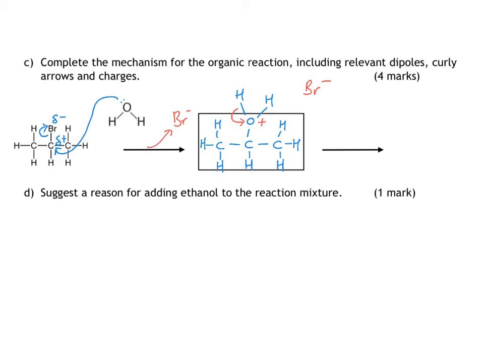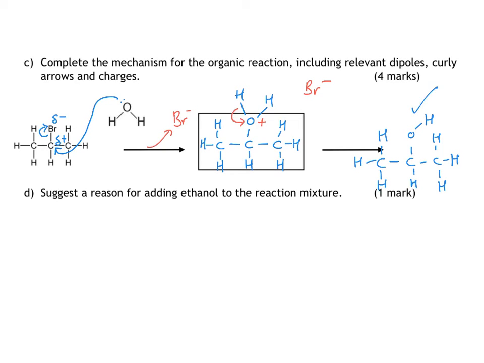So where are we getting the marks for this? The final mark is going to be for just drawing the final structure, which I'm going to run out of space for, so I'll just pop it down here, OH. Because it's a mechanism and it's not asked fully for a displayed formula, it's okay if you've got the bond between the O and the H. It's good practice to remember it's there.